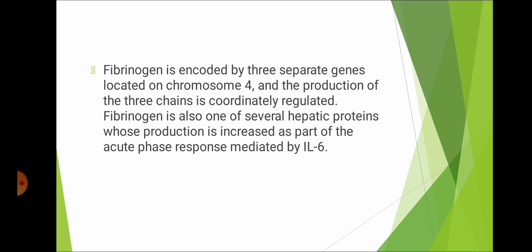Fibrinogen is encoded by 3 separate genes located on chromosome 4, and the production of the 3 genes is coordinately regulated. Fibrinogen is also one of the several hepatic proteins whose production is increased as a part of the acute phase response mediated by interleukin 6.